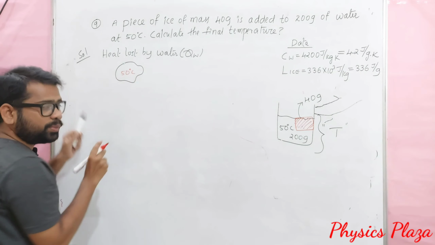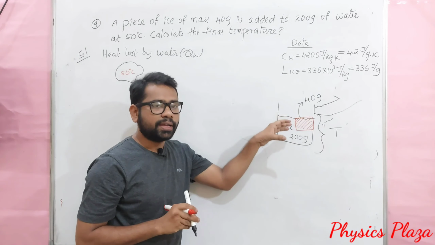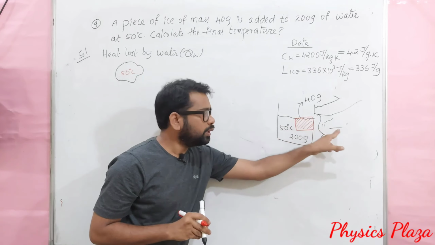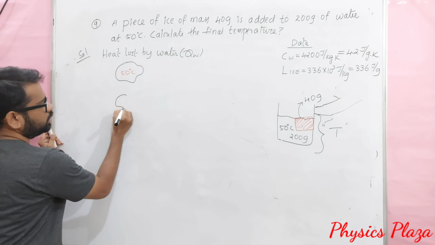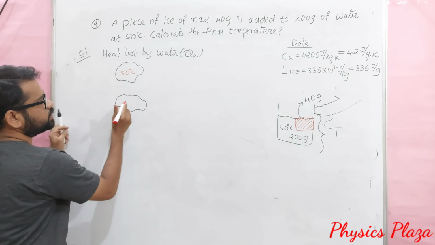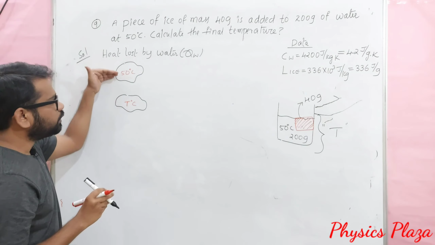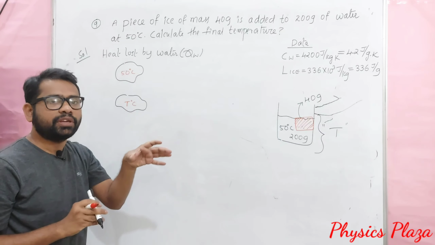After addition of ice, the temperature of water may be lowered from 50 degrees Celsius to T degrees Celsius. So, during this process, water will lose some amount of heat. That is what we need to calculate.